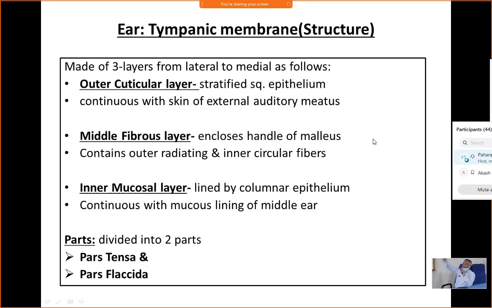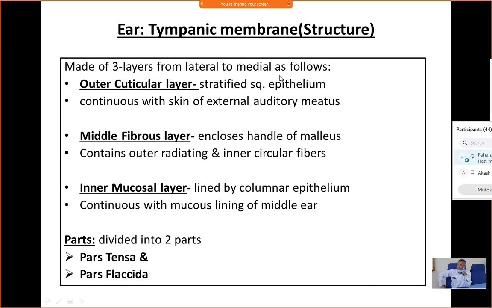Now the structure of the tympanic membrane. It is made up of 3 layers from lateral to medial, or outer to inner. The outer cuticular layer. Cuticular means it is skin, towards the external acoustic meatus. It is stratified squamous epithelium, continuous with the skin of the external auditory meatus.